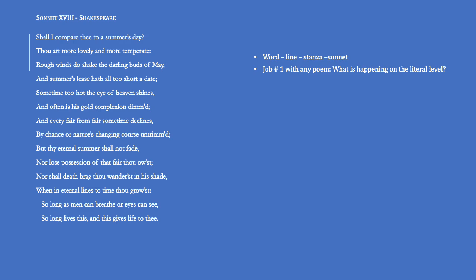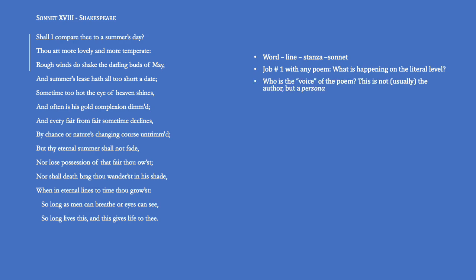So, what do you do with a poem? Well, when you have to explain it, your number one job is to determine what happens in the poem on the literal level. And what happens in the poem on the literal level is that there is a lover and there is a beloved, and the lover is comparing his beloved to a summer's day.